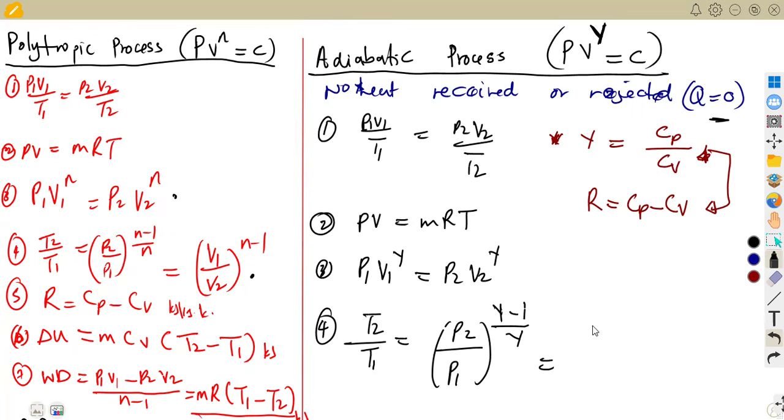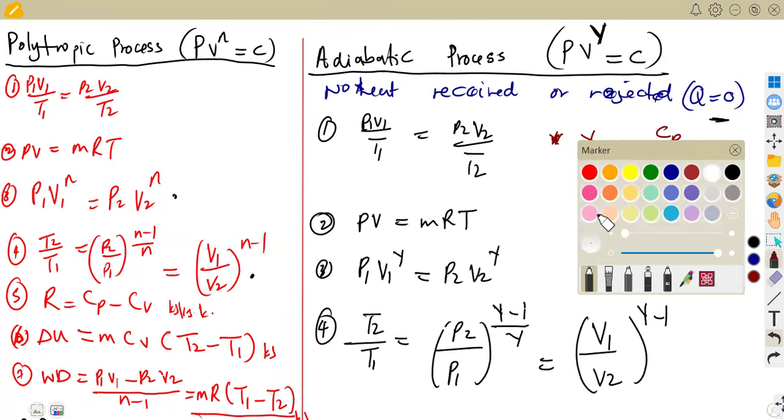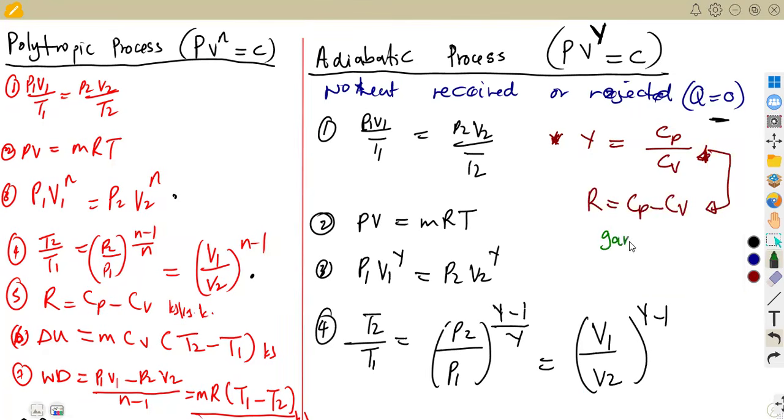V1 over V2, everything to the exponent of gamma minus 1. This is gamma like this, gamma like this. These are just Greek alphabets that we're talking about, all right? This is what you need there, okay? So this is gamma minus 1.